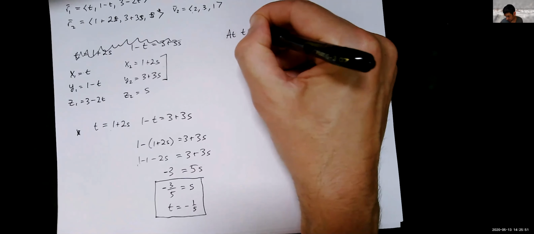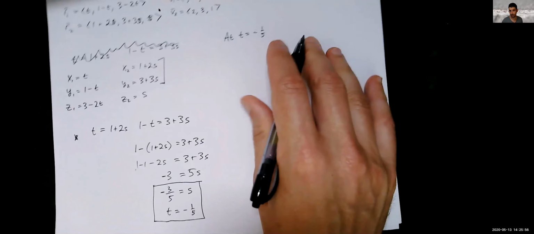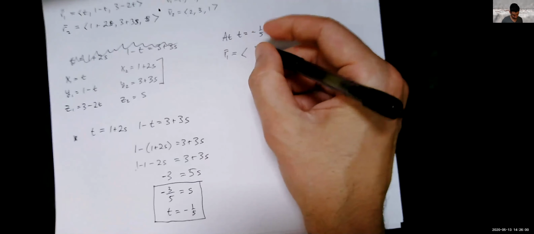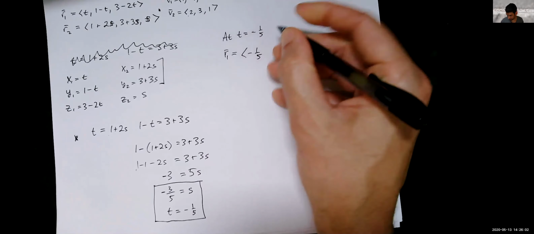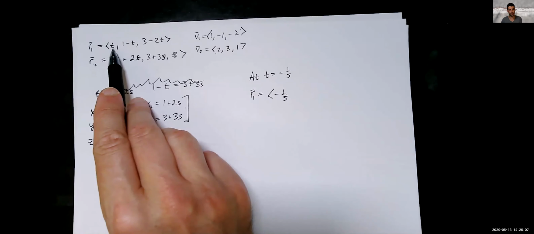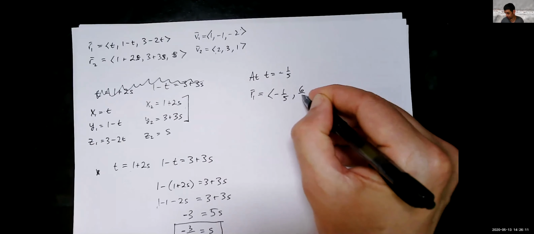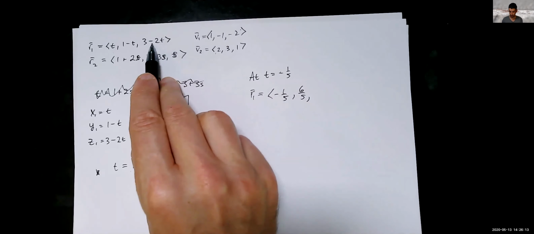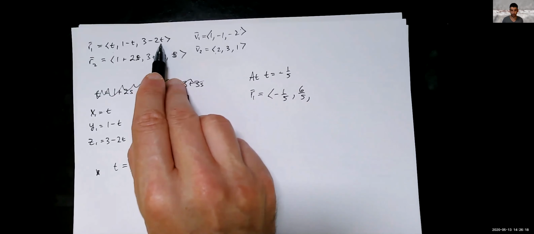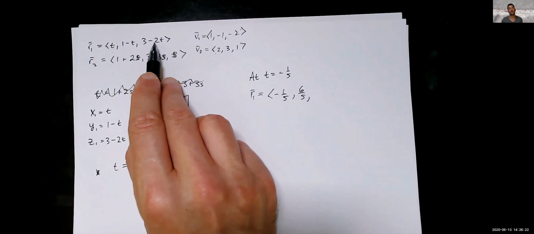So let's just write this way. At t equals -1/5, R1 is equal to... I'm just plugging t is equal to -1/5 into this equation. 1 minus -1/5 gives me 6/5. 3 minus 2 times -1/5 is going to give me, so that'll be 3 plus 2/5.